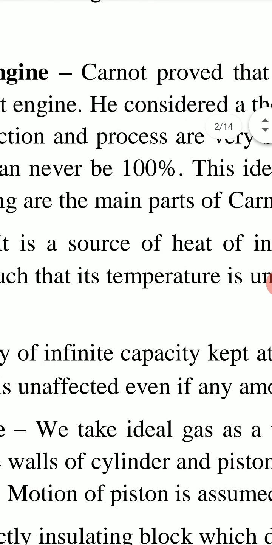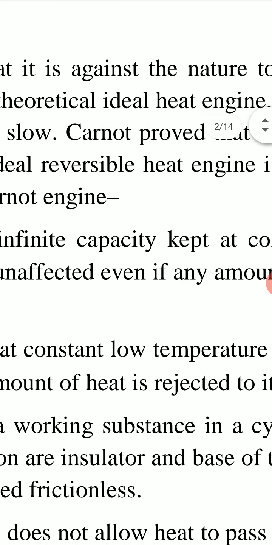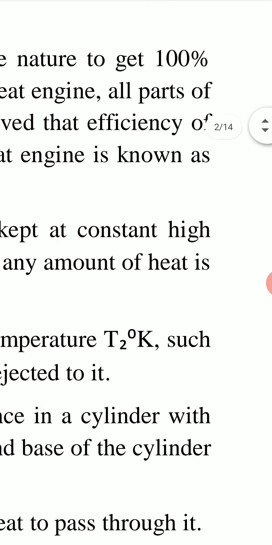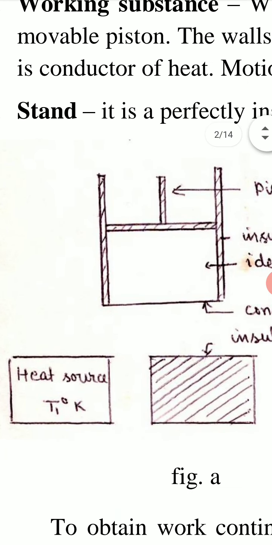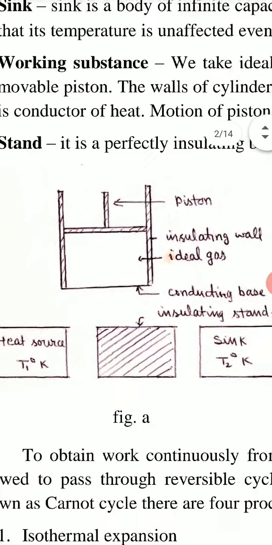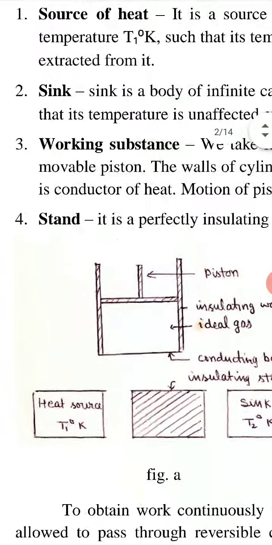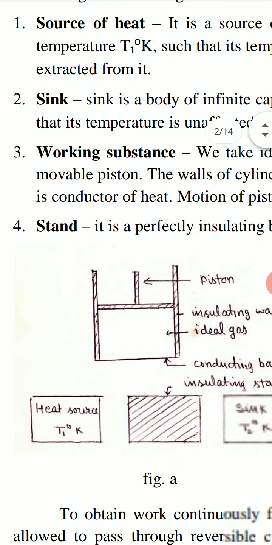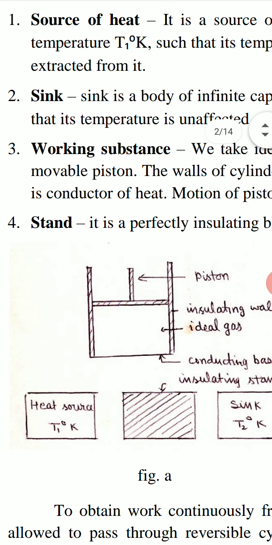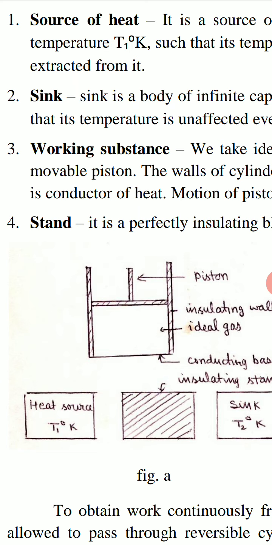Following are the main parts of Carnot engine. Main parts of Carnot engine are shown in this diagram. There are 4 main parts: source of heat, sink, working substance, and insulating stand.